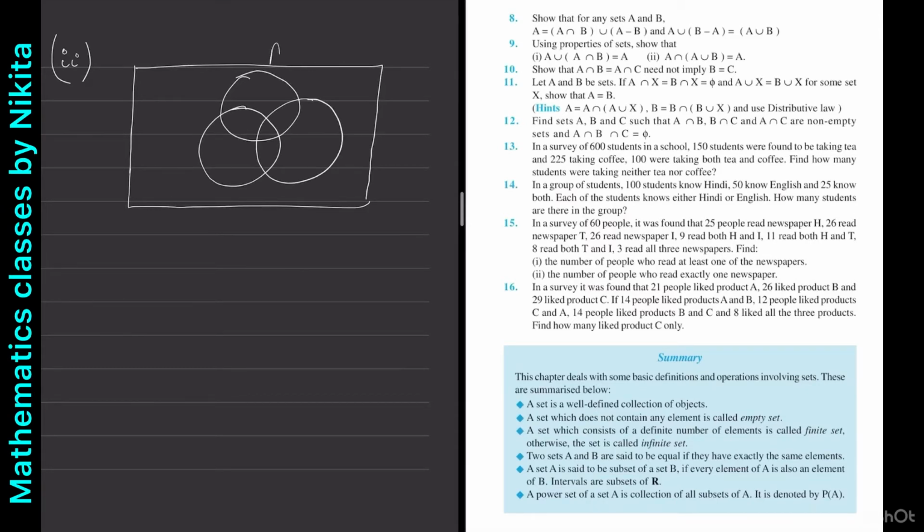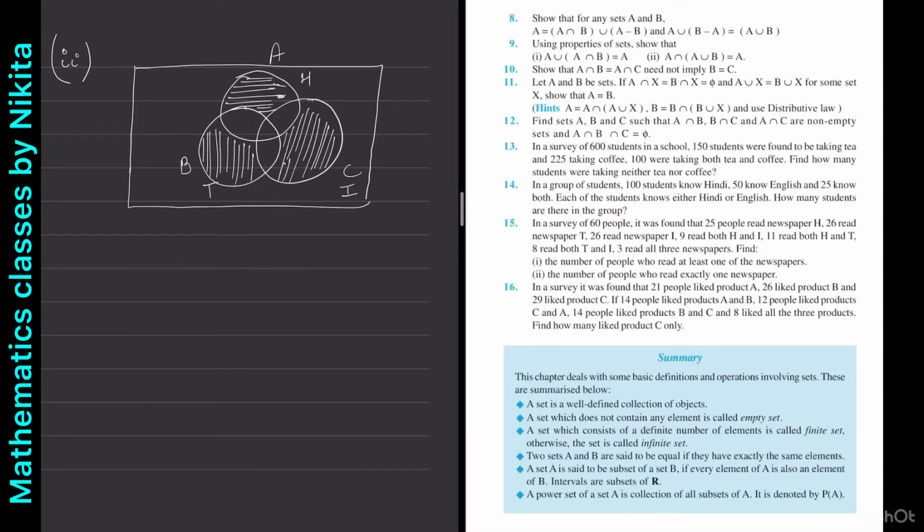Suppose this is your set A, this is your B and this is C. A represents newspaper H, B represents newspaper T and C represents newspaper I. So exactly one of the newspapers means you have to find either this shaded region, so only A, plus the number of people in only B, plus the number of people in only set C.